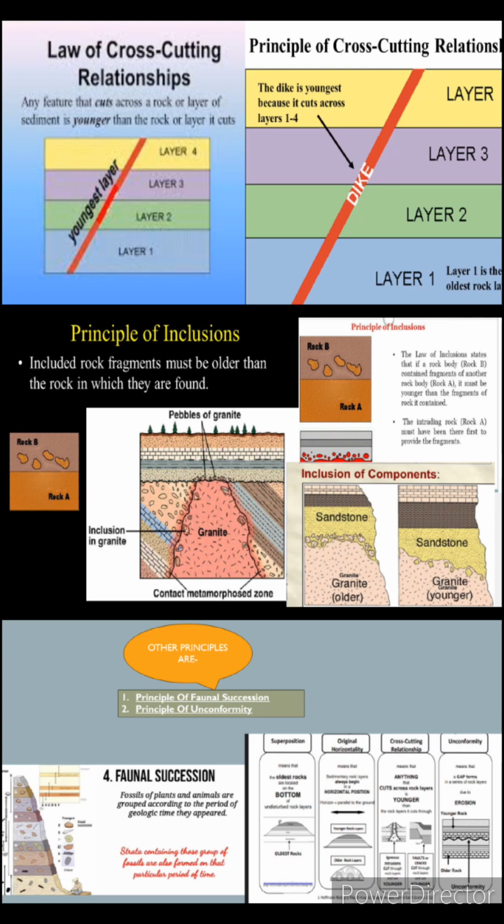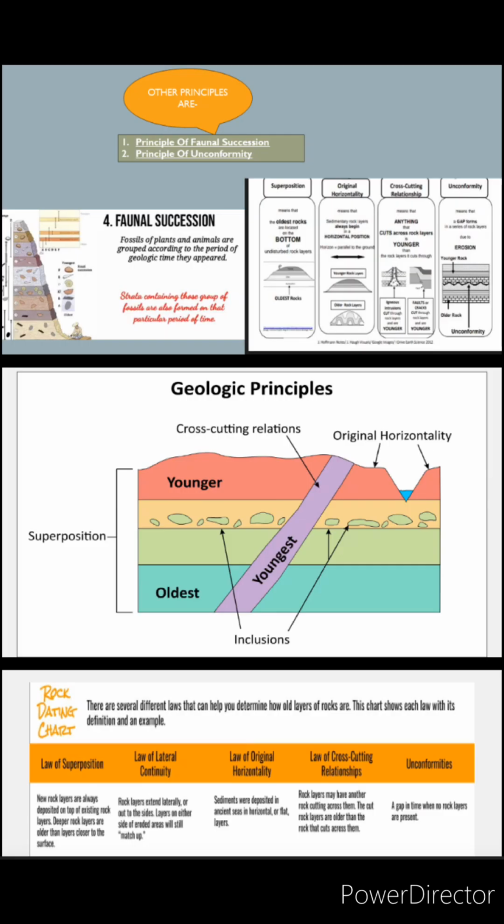And other principles are the principle of faunal succession and the principle of unconformity. What is unconformity? Unconformity means that a gap forms in a series of rock layers due to erosion. What is faunal succession?